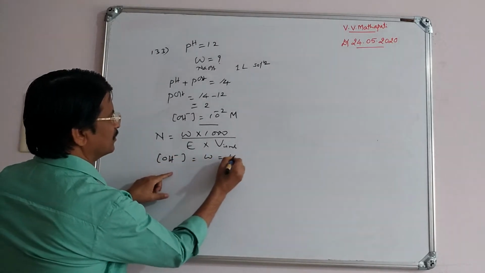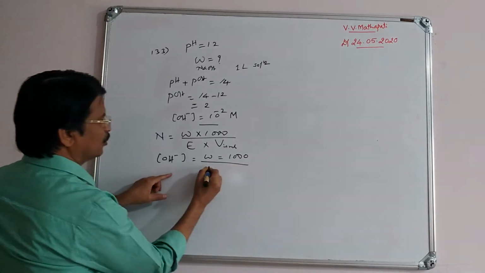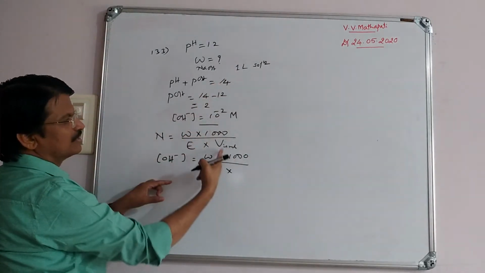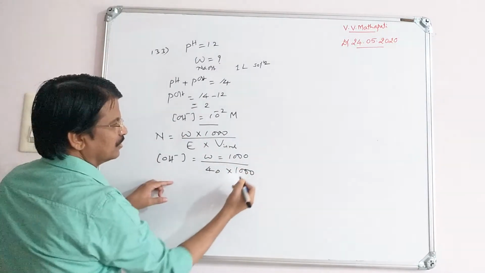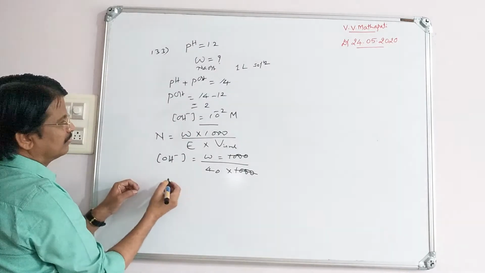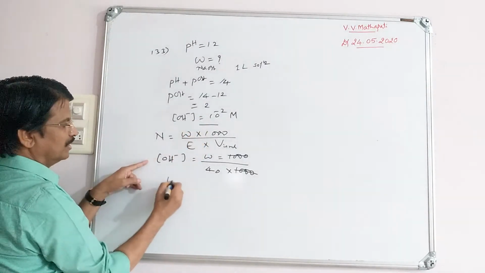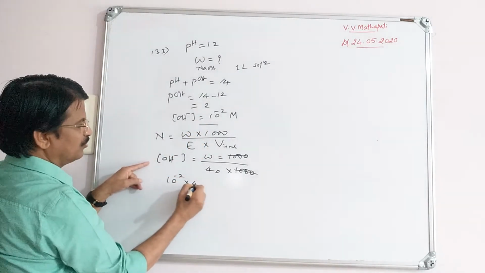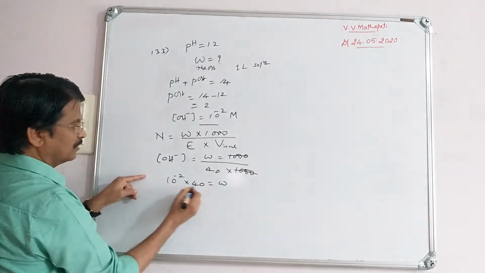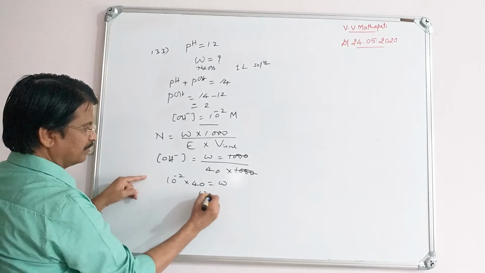The equivalent mass of NaOH is 40, and the volume given is 1 liter, converted into ml, also 1000. So these two cancel, and OH ion 10 raised to minus 2 into 40 equals W. Therefore the answer is 40 by 100, 4 gram.